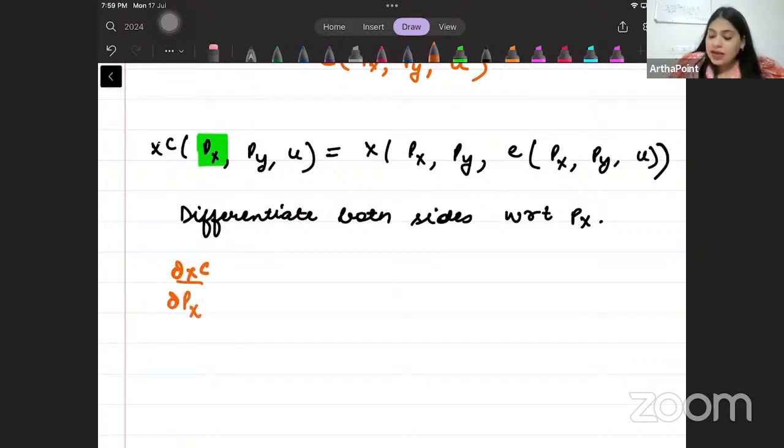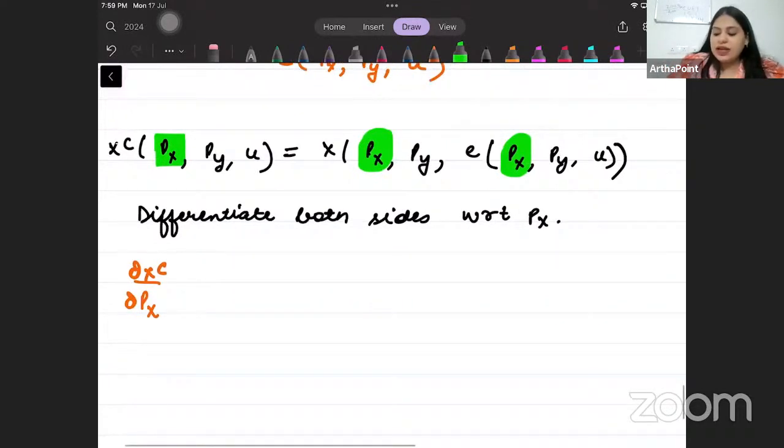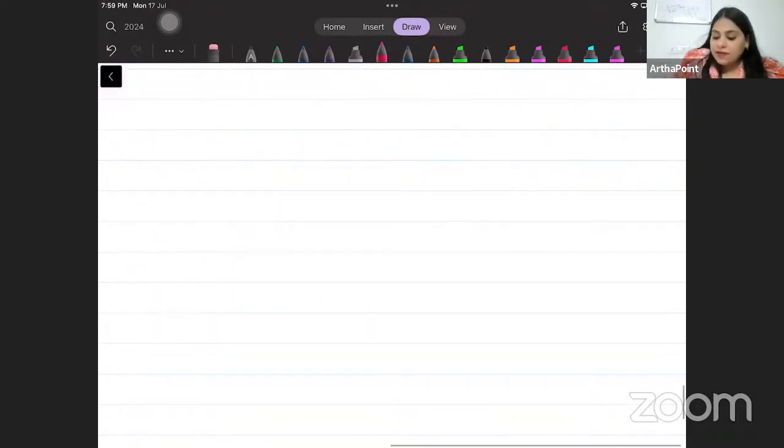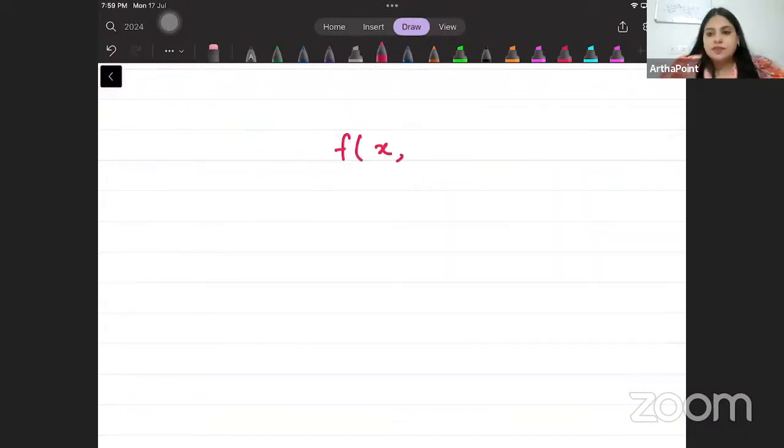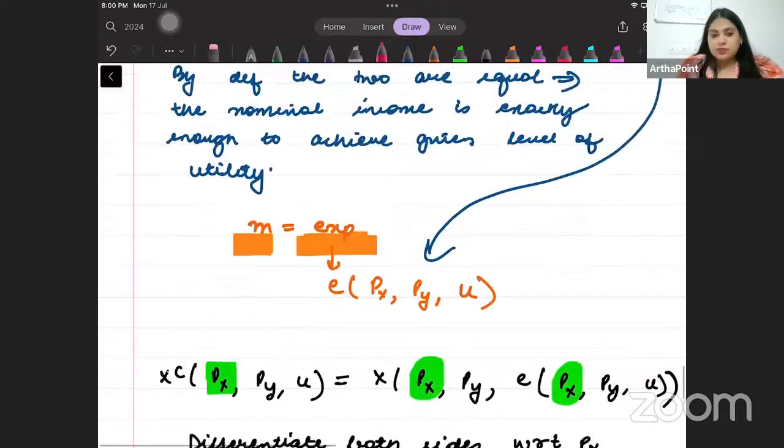But if you notice, here Px is coming here also and here also. Px is coming at two places. Let's see this mathematically. एक बार समझ लेते हैं. When I have f as a function of x, y, and I ask you to differentiate this. Okay, yes, Manish. Which step do you want me to repeat? This one?